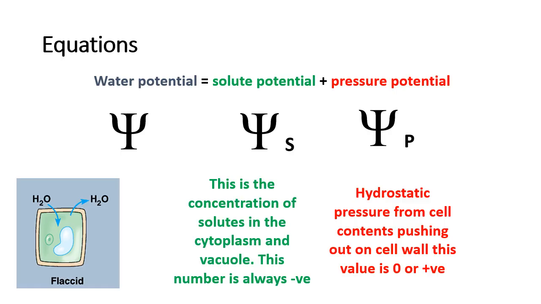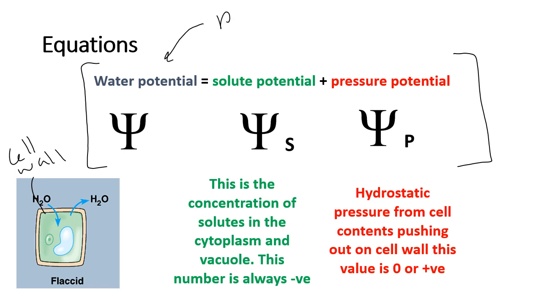So as you guys know, placing plant and animal cells in the same solution, they behave differently, and that's because plant cells have got a strong cell wall that provides structural support to stop them lysing or splitting. So we need to be able to use this equation to calculate the water potential of a plant cell.